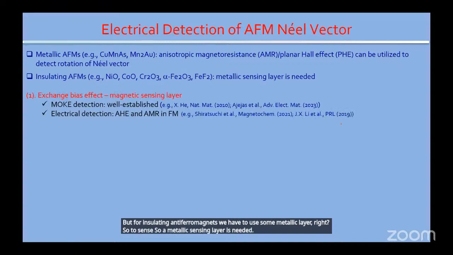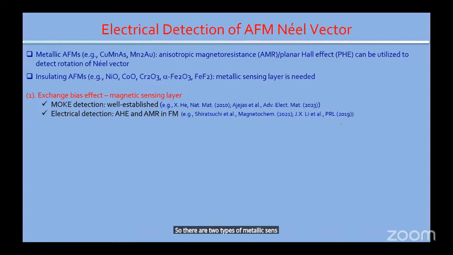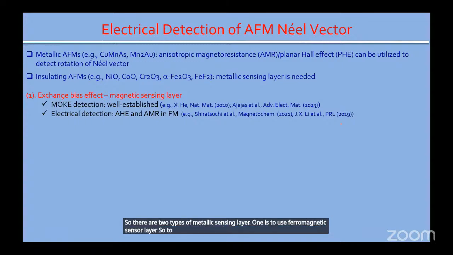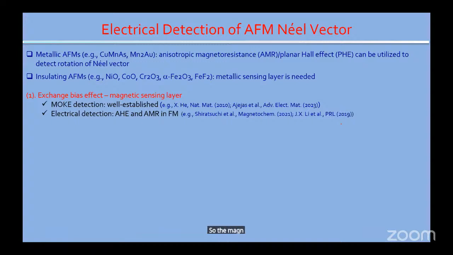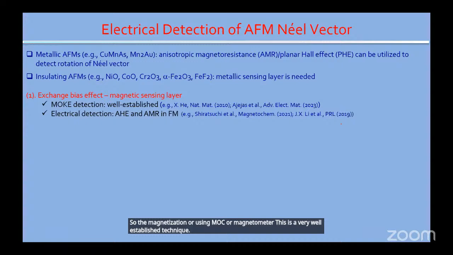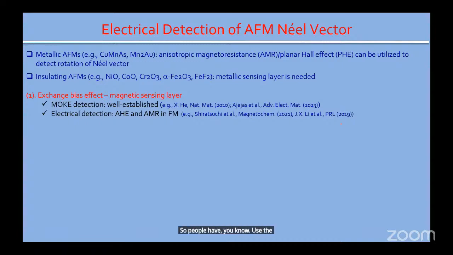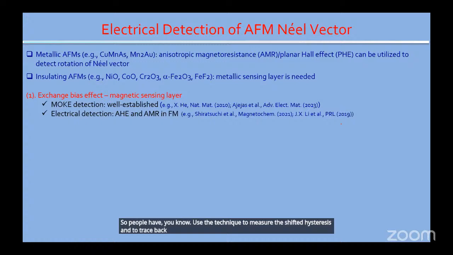There are two types of metallic sensing layer. One is a ferromagnetic sensing layer, to take advantage of the exchange bias effect. So the magnetization is measured using MOKE or a magnetometer; this is a very well established technique. People have used the technique to measure the shifted hysteresis and to trace back the state of the antiferromagnetic order parameter.